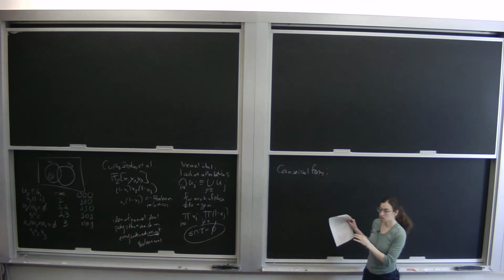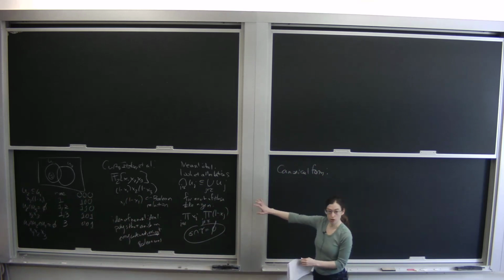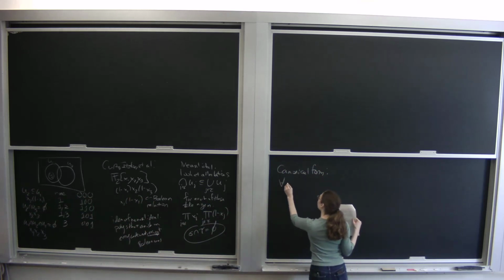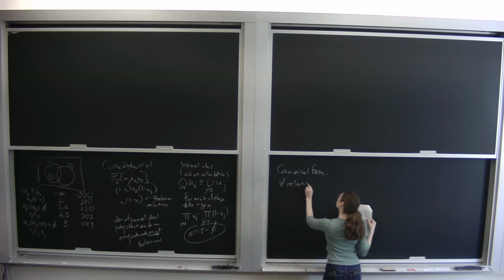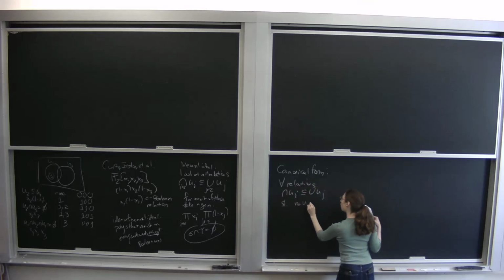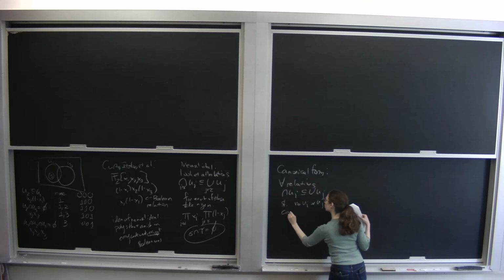So here, it's going to be like this, but add the word minimal in some very strategic places. So for all relations, the intersection of U_i is contained in the union of U_j, such that no U_i or U_j can be removed.